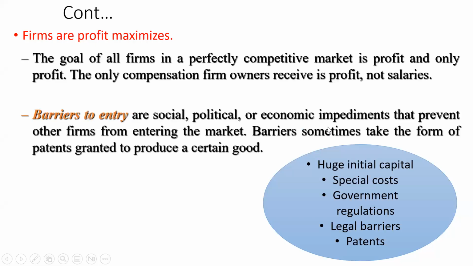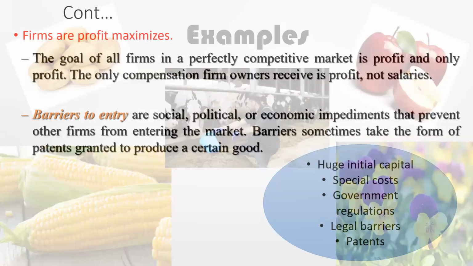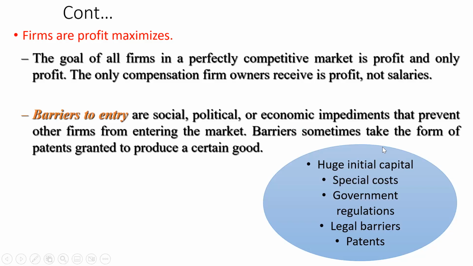Then the government imposes rules and regulations, legal barriers, patents, licenses. There may be such barriers in some markets when we are entering the market. But in perfect competition, no such barriers exist.